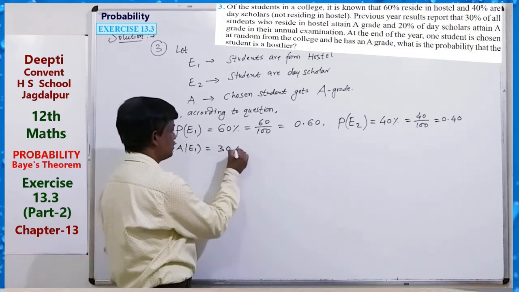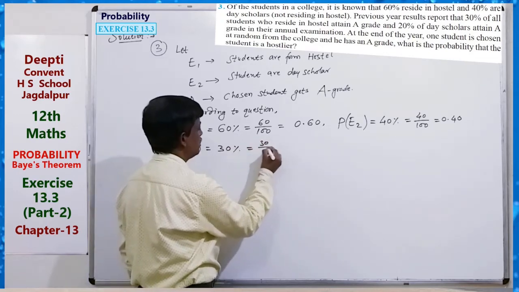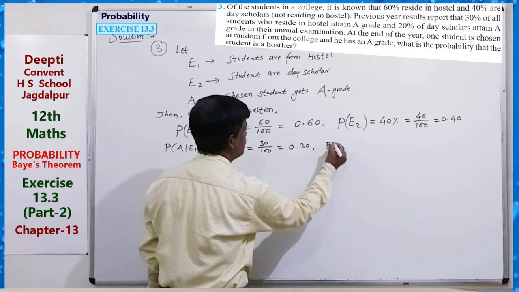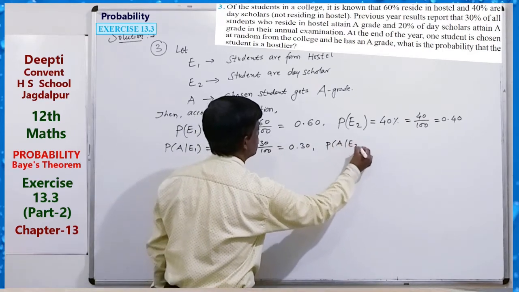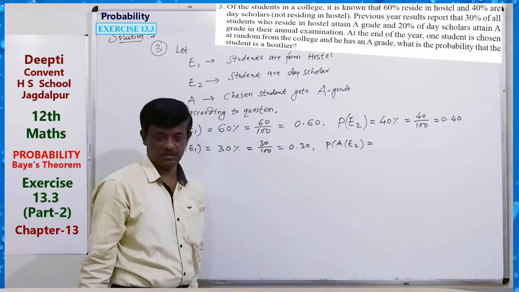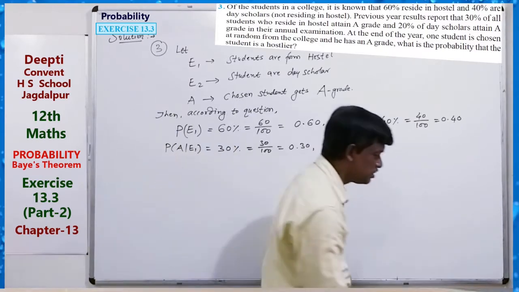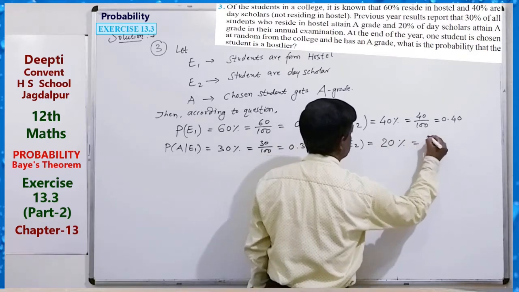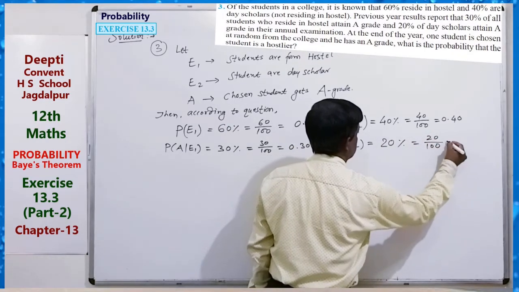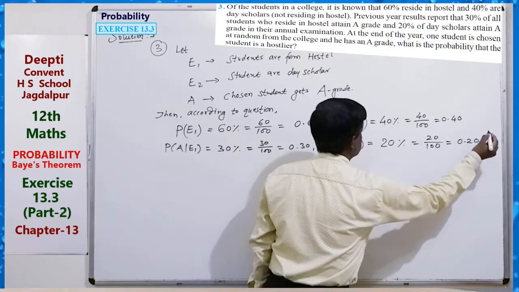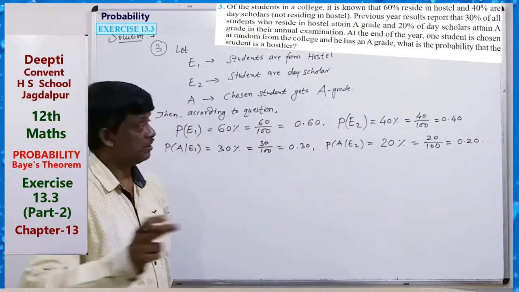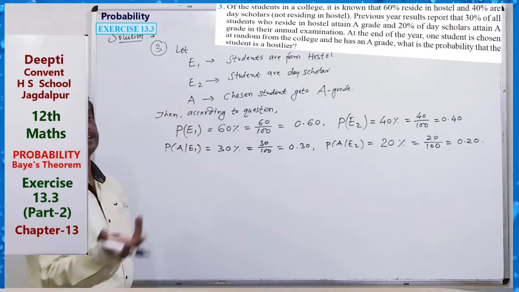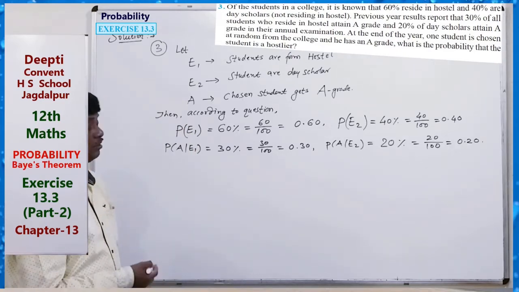So 30 by 100 equals 0.30. Similarly, P(A by E2) means out of day scholars getting 20%, so 20 by 100. Just remember that notation and setup is important: what will be the events E1, E2 and A?